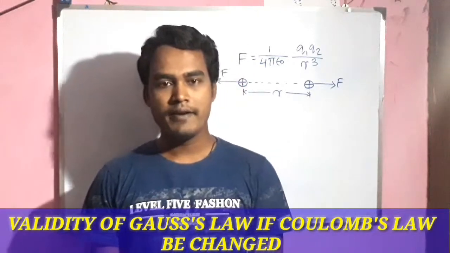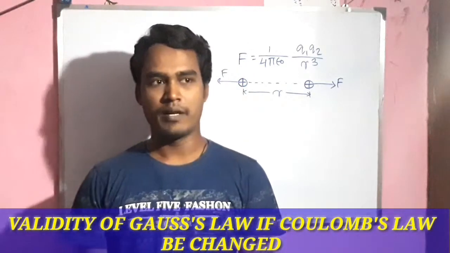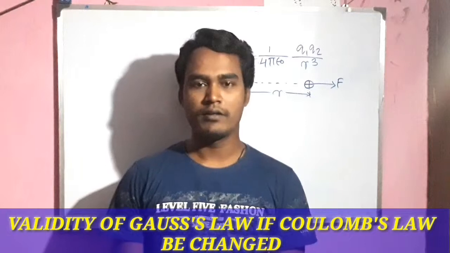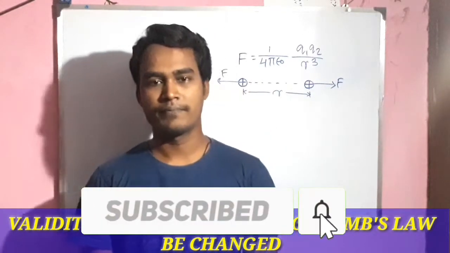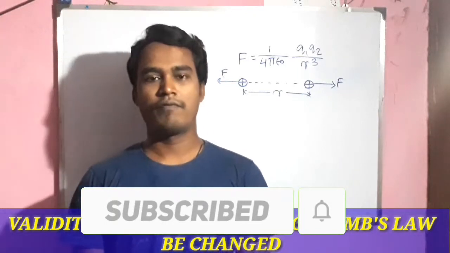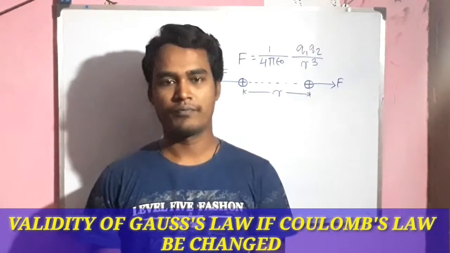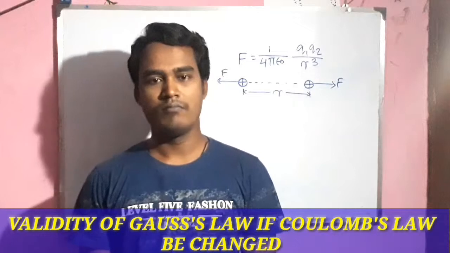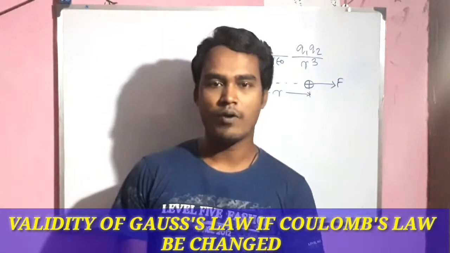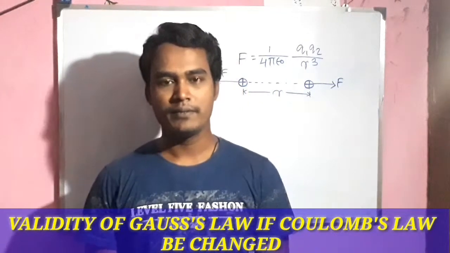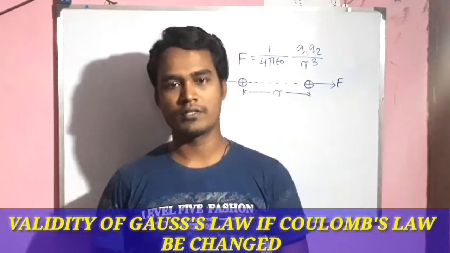Now, in board exams, maybe in central board or in state board, it is asked several times: if the form of Coulomb's law was 1 by r cube instead of 1 by r square, then what will happen to Gauss's law?